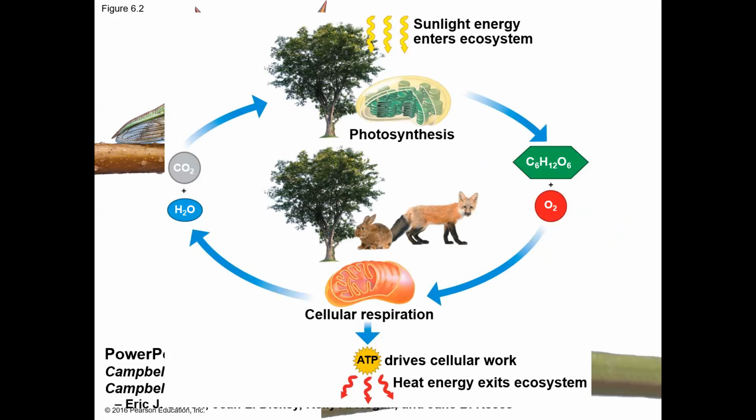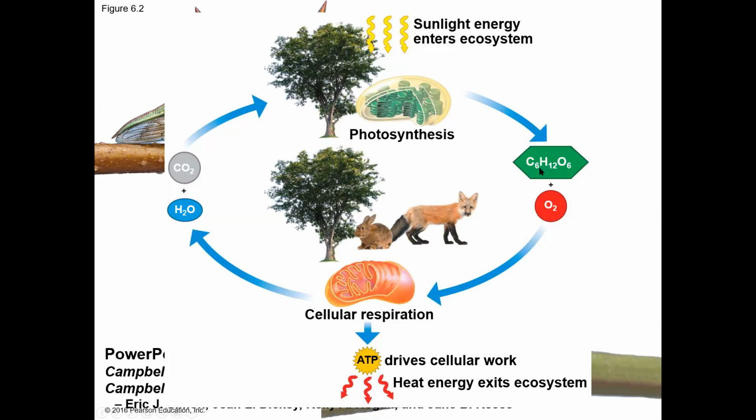The sun beats down on these plants, and these plants take that energy, kind of like solar cells, and make sugar, that's C6H12O6, and oxygen.